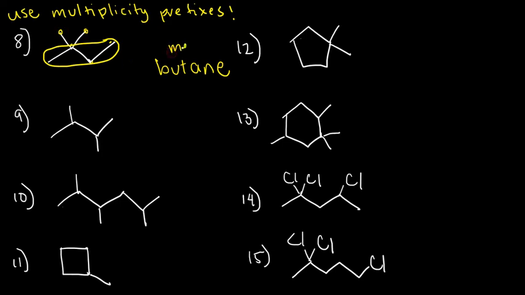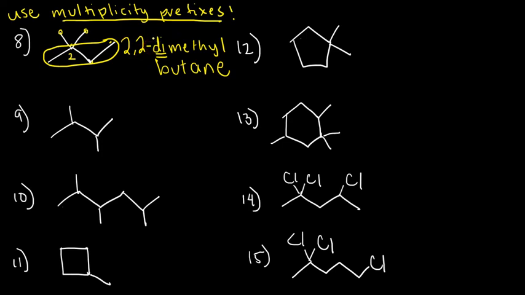So I need to indicate that I have 2 methyls, and to indicate that, I use multiplicity prefixes. For 2, I use the prefix di, which should be common sense to the majority. And I need to note that di has to be indicated by 2 numbers. In this case, since my methyls are both located at the number 2 of butane, I write 2,2-dimethyl.